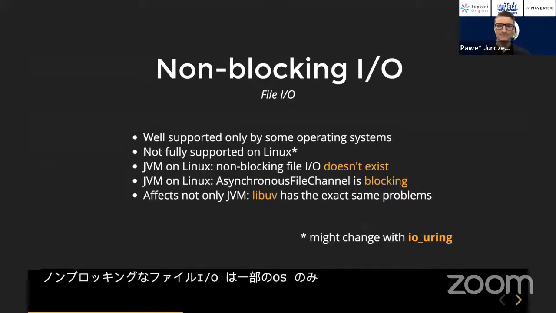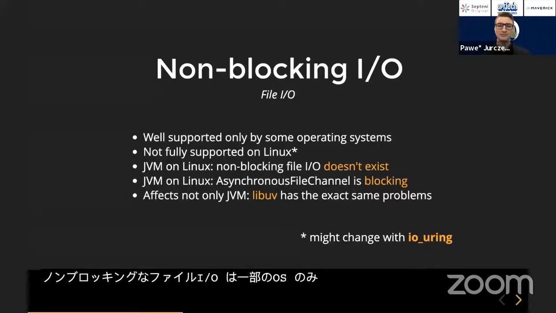By the way, io_uring was presented around May of 2019, which is only last year. So it's not yet fully employed on the JVM platform. Which means that currently, if you are running your JVM application on top of Linux, you don't have non-blocking file system operations. At least until io_uring is more popular in the JVM ecosystem.